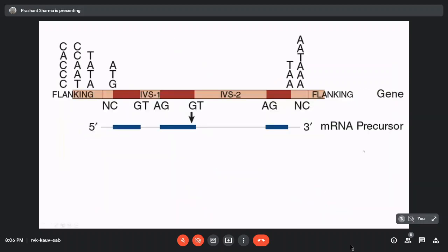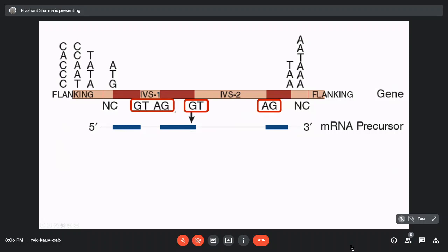So looking more closely at the beta globin gene, there are some sequences that we need to be aware of to understand how mutations can make them go awry. Here you can see that flanking the introns are sequences which are identical.